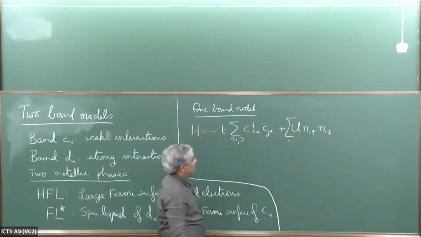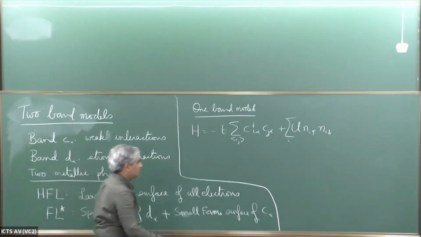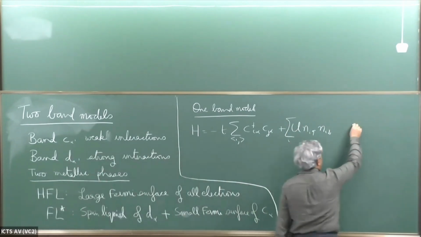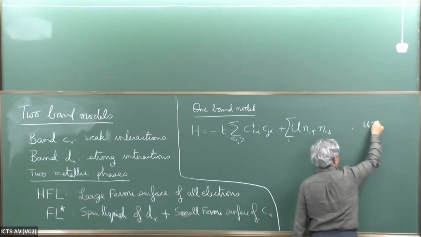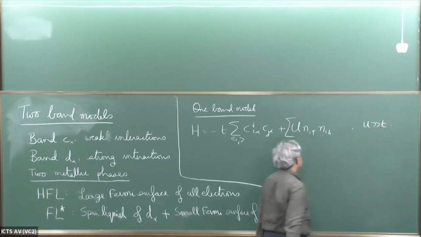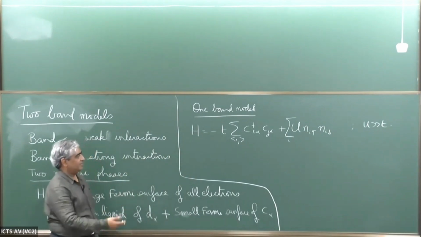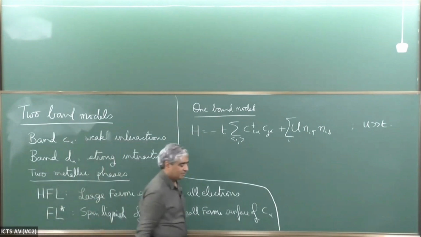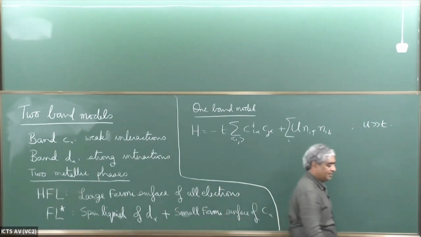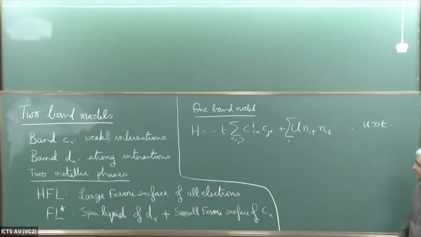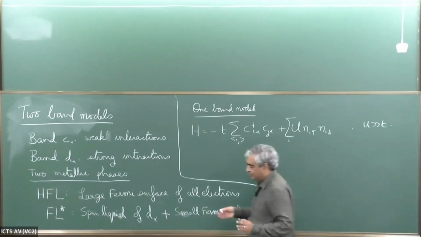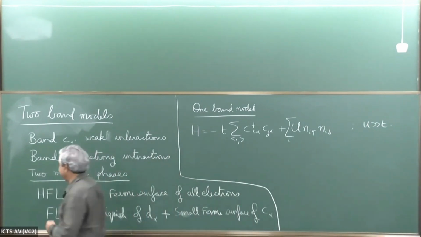And we are interested in the limit, of course, the interesting regime is U much bigger than t. We said a lot about this in perturbation theory in U and various other 1/U expansions. But we ended up, in the end, with phases that were rather conventional.